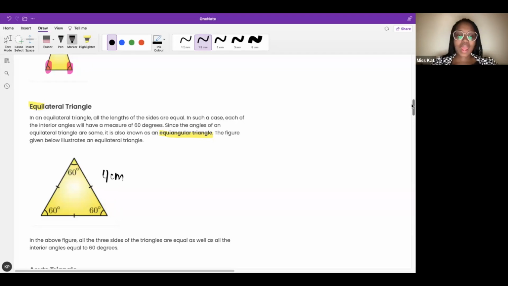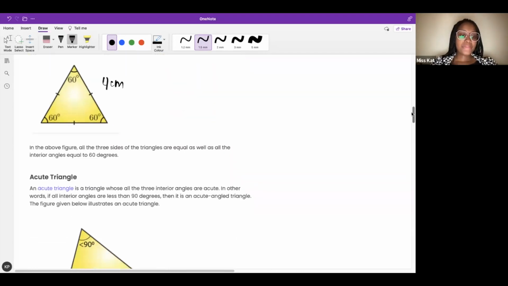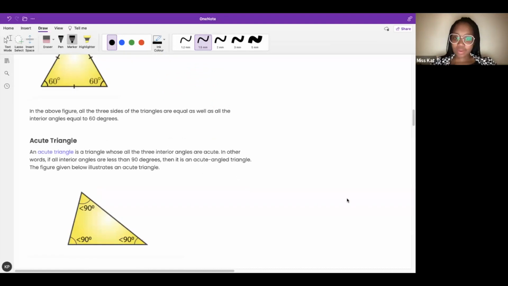Now let's talk about angles. What's an acute angle? Never mind the triangle. Tell me what an acute angle is. Thank you, Abu. It's an angle less than 90 degrees. Now, in an acute triangle, all of the interior angles will be acute angles. So there will not be a single angle that is greater than 90 degrees.